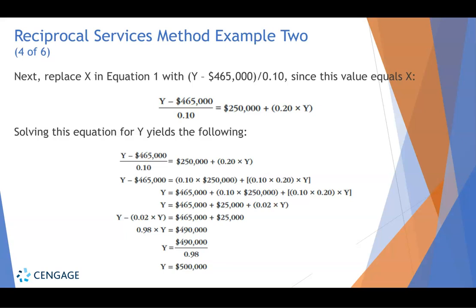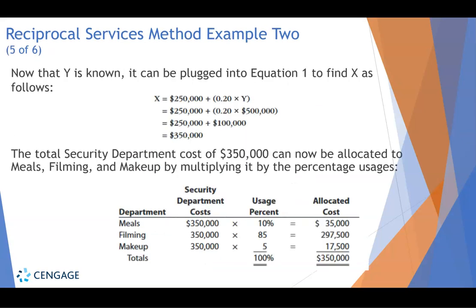Ultimately, as you play this out and you divide both sides by 0.98, Y equals 500,000. So, since we know that Y equals 500,000, we can now figure out what the security department costs are.